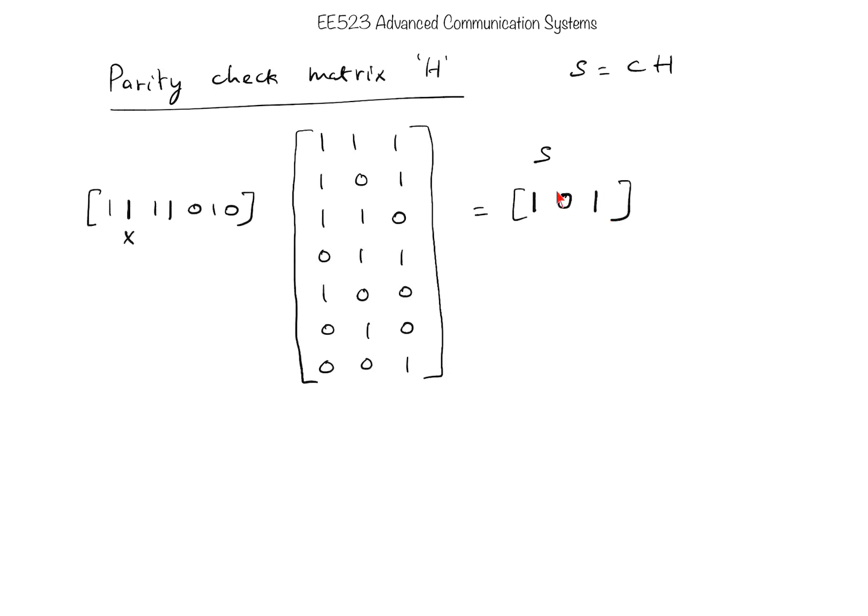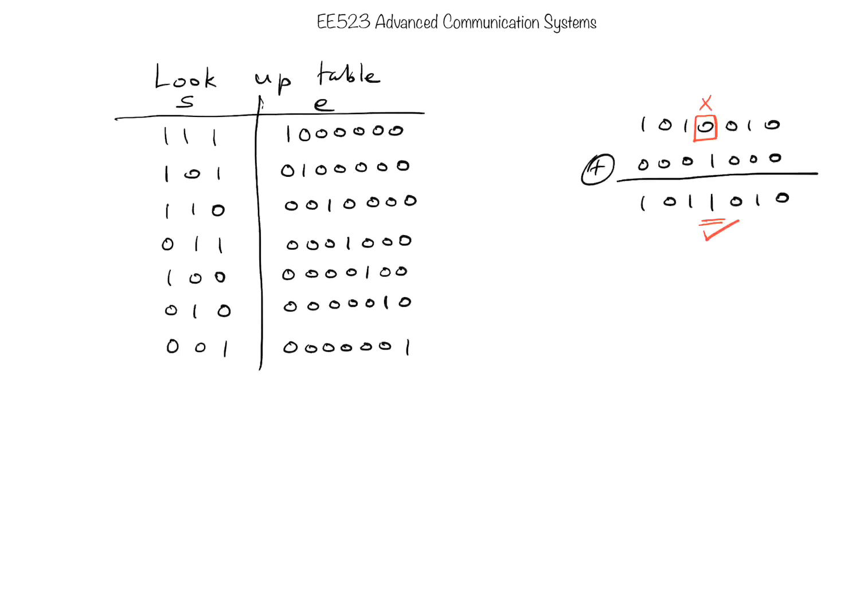So the syndrome that we get matches the second row of the parity check matrix. All right. So next, what the decoder will do is look up this syndrome in the lookup table. So the syndrome is 101. It will look up the syndrome and take the corresponding error vector and add this error vector to the received code word.